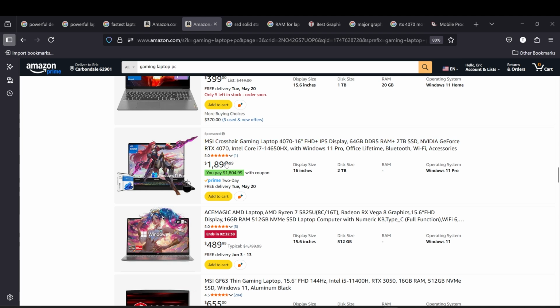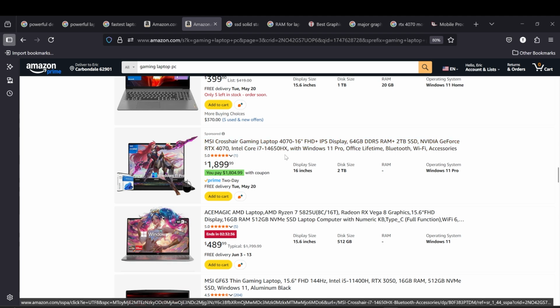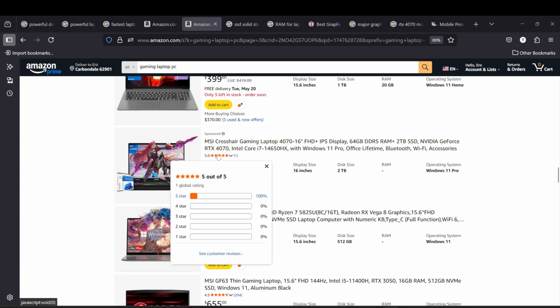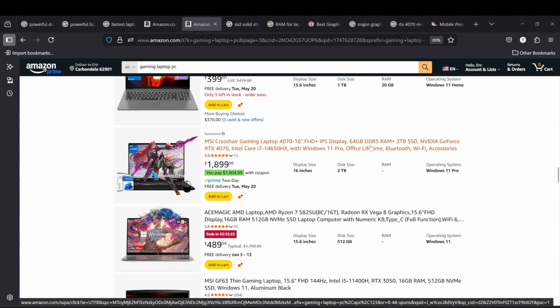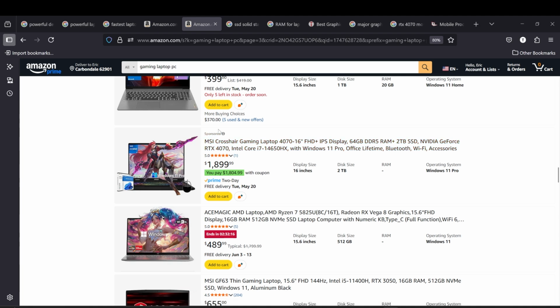So for example, what we are getting here is a laptop with a 4070 NVIDIA GeForce RTX, 64 gigabytes of RAM, 2 terabytes of storage, and an i7 14th generation. That is a really good choice as for the spec.